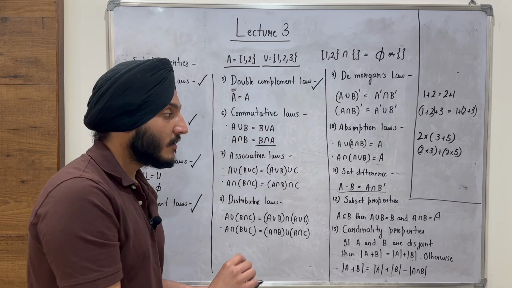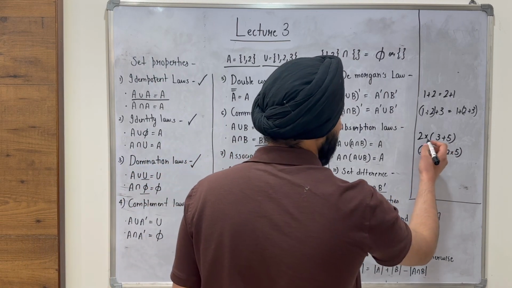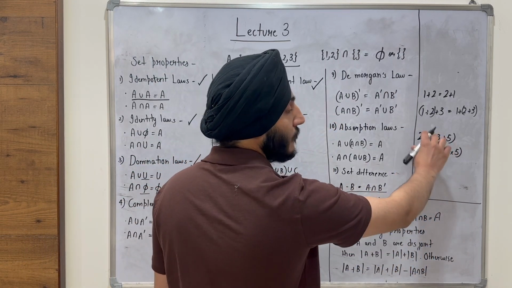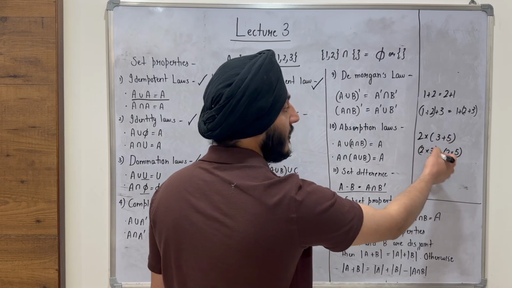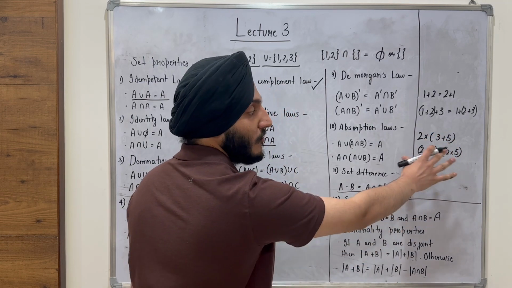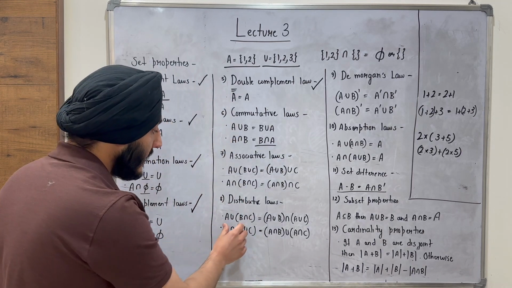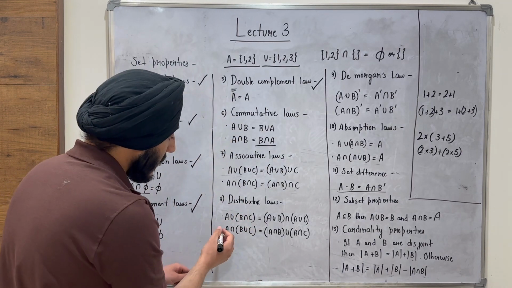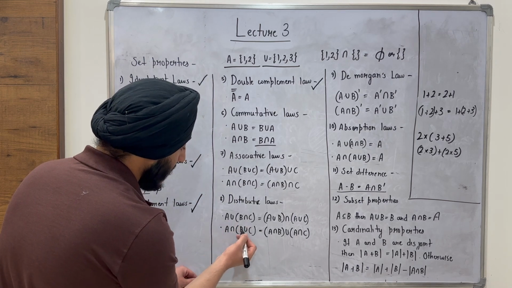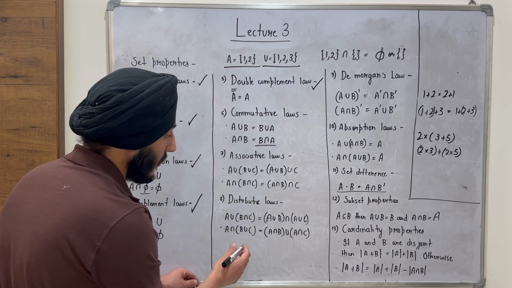The difference is that when it comes to this over here, the opposite is not true, which is I cannot interchange these signs when it comes to just normal math, right? But when it comes to sets over here, I can interchange them, which is I can take a union outside and I can take the intersection outside as well.